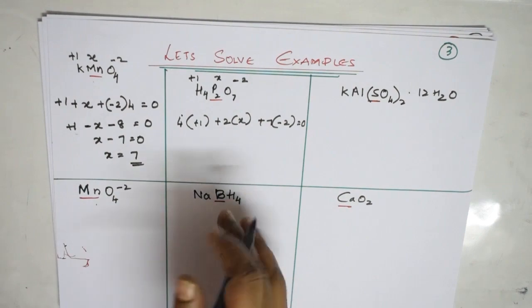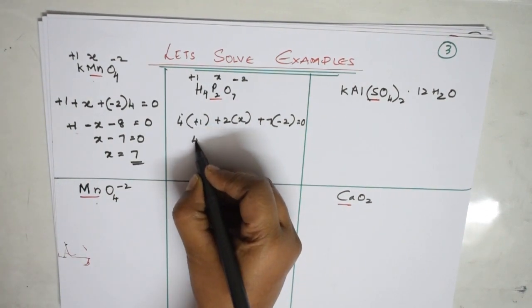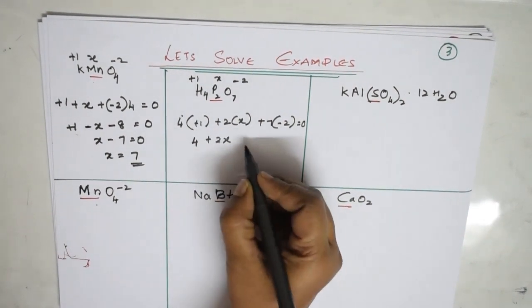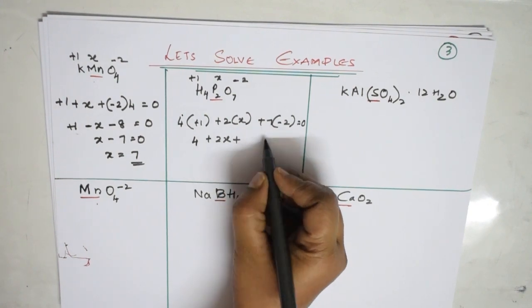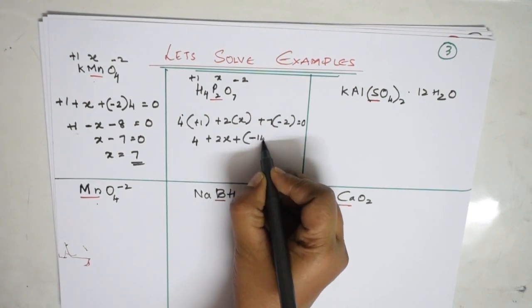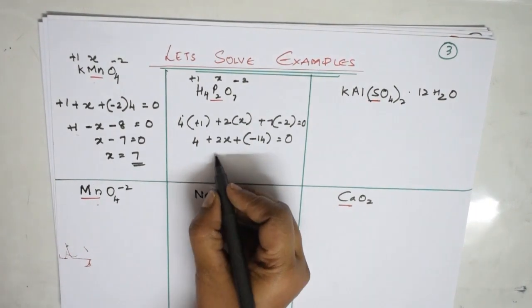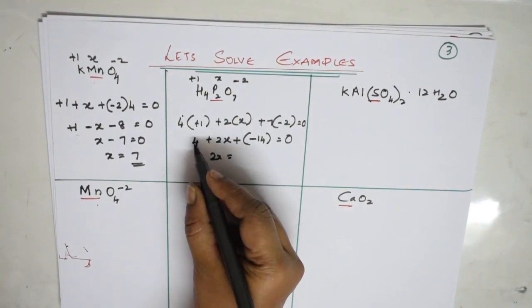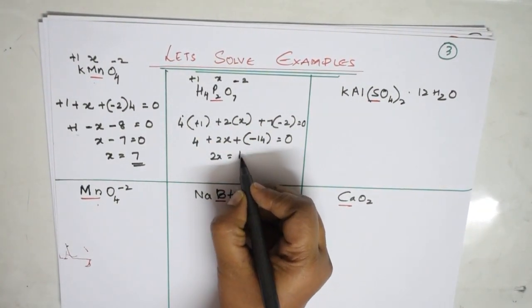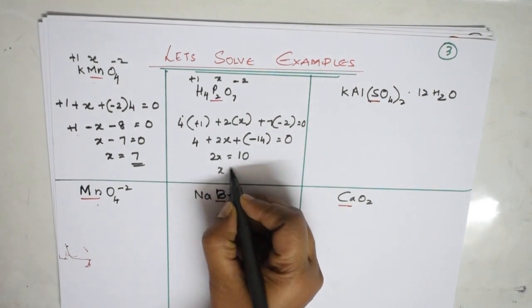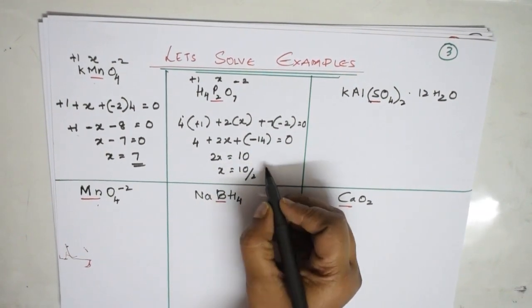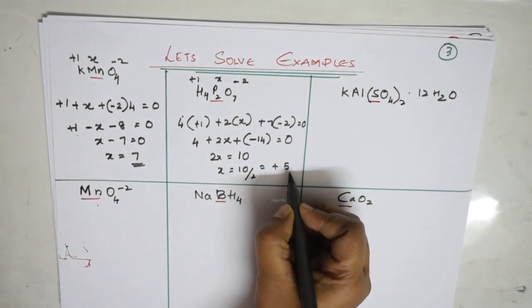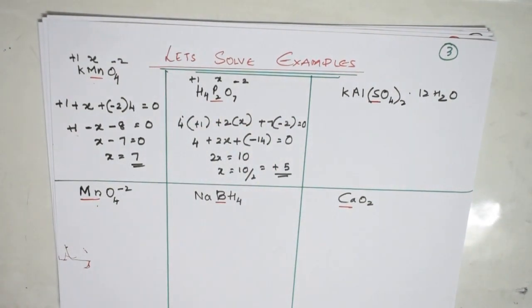Solving, 4 + 2X - 14 = 0, so 2X = 14 - 4 = 10, X = 10 by 2, which is +5. So +5 is the oxidation state of phosphorus. This is clear, students, right?